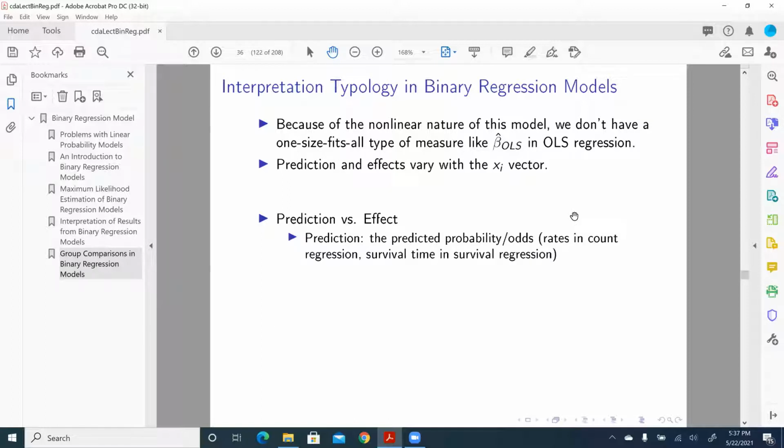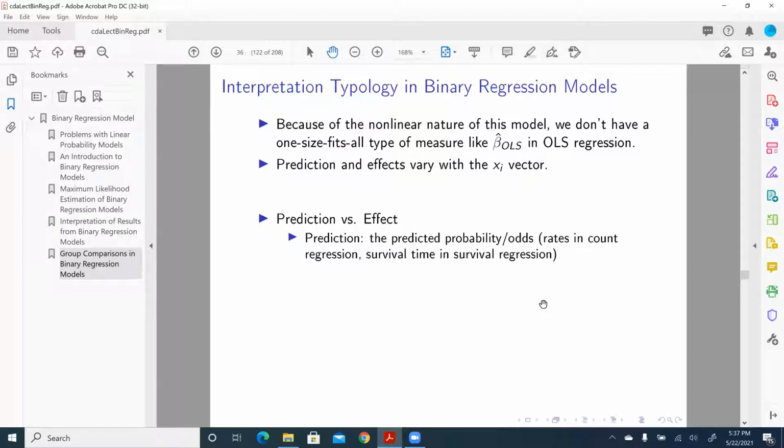When we say prediction, in most cases it refers to the predicted probability or odds, or sometimes rates in count regression models, survival time in survival regression, or predicted probabilities in ordinal regression and multinomial regression models that we will cover later on.